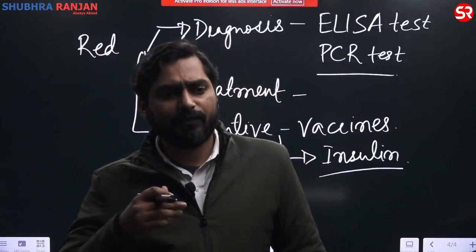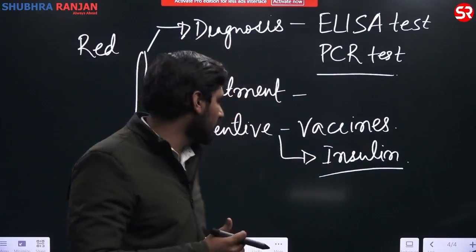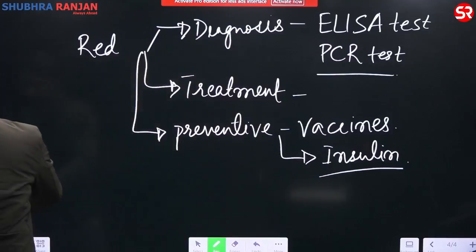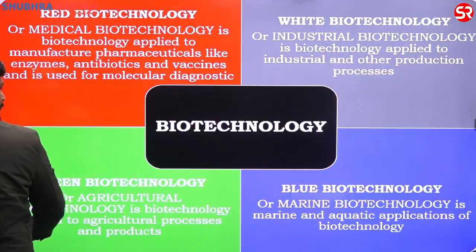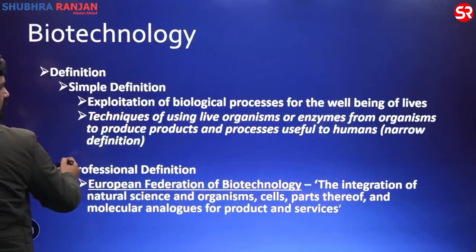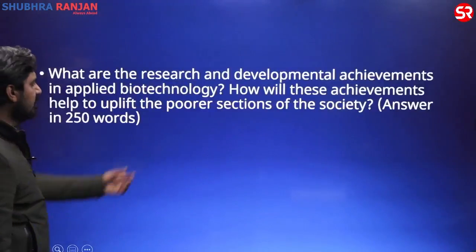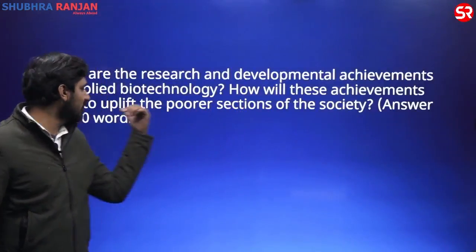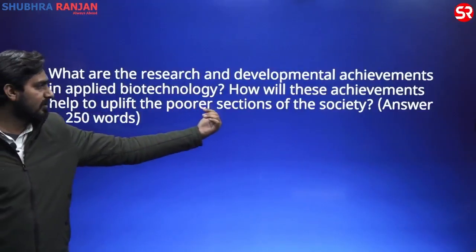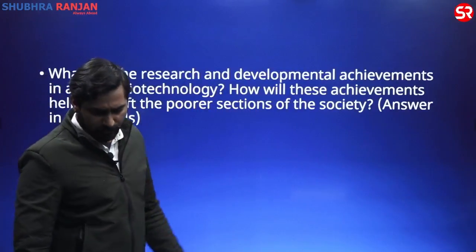So now the second part of the question asks how it can uplift or improve the life of the poor. The second part of the question says how these achievements will help to uplift the poorer section of society.